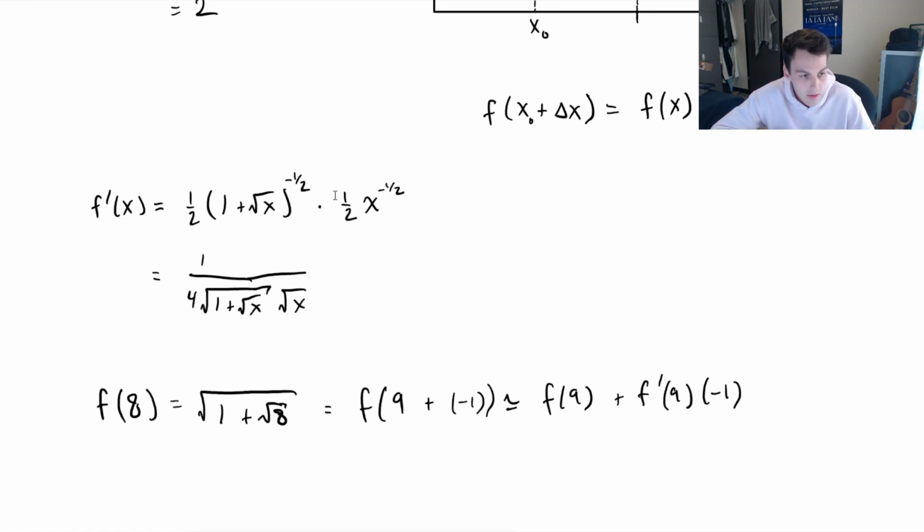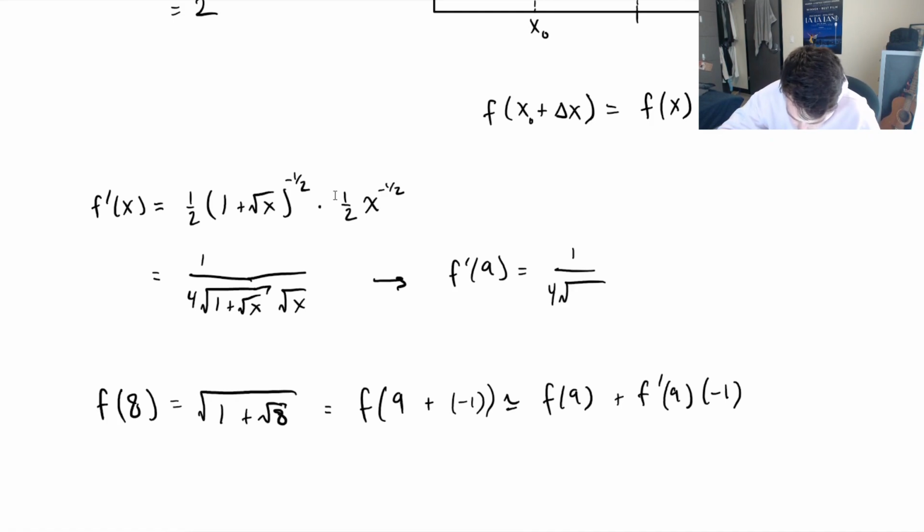Right? So let's find what f prime of 9 is. Just plugging this in, we get 1 over 4 times square root of 1 plus square root of 9 times the square root of 9. We are left with 1 over 4 times square root of 1 plus 3.